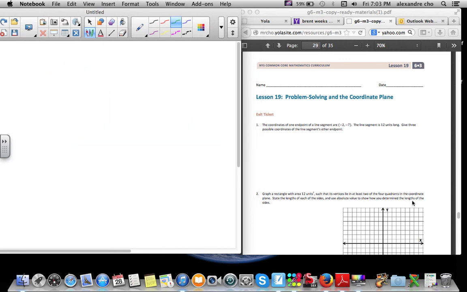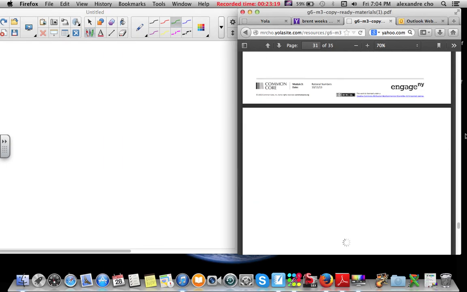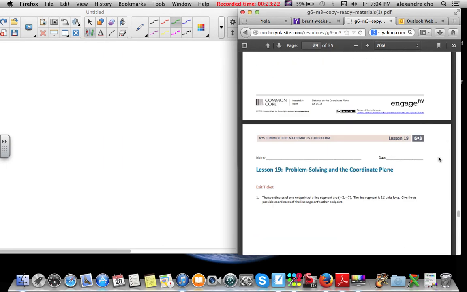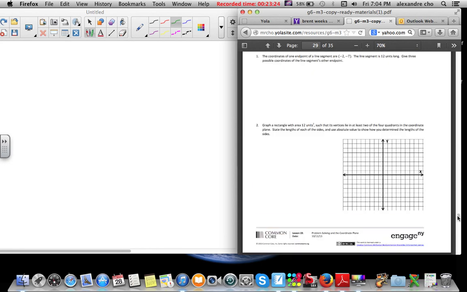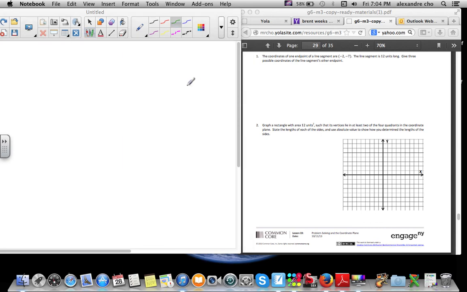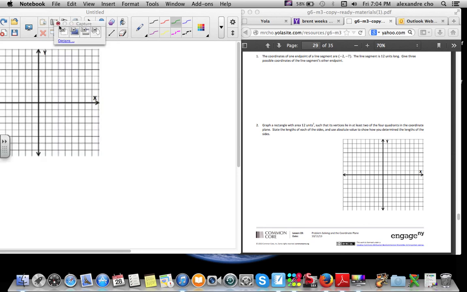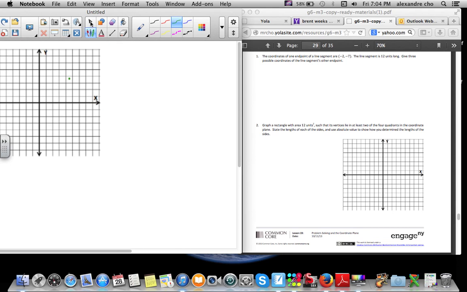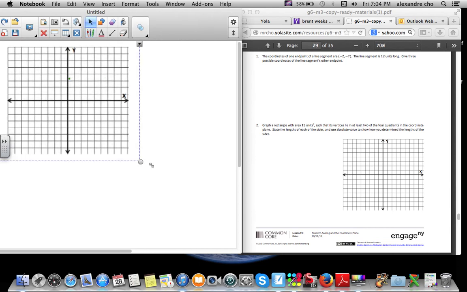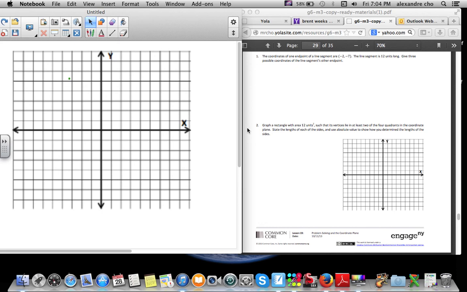And this, we have one more part here. So they're telling us to create a rectangle that has 12 units square.